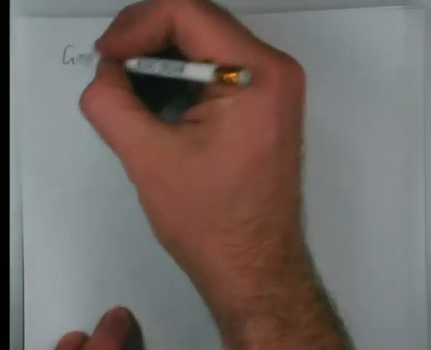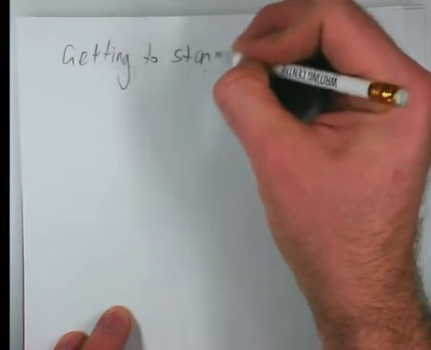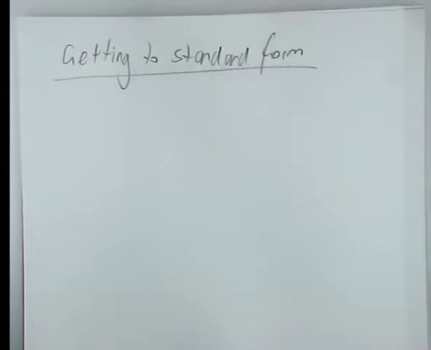So how do we get it into standard form? There are several steps to this, and they involve moving the coordinate axes beneath the conic itself.